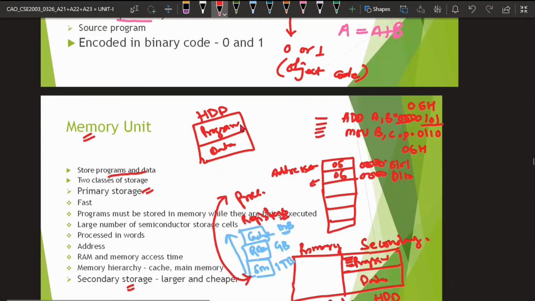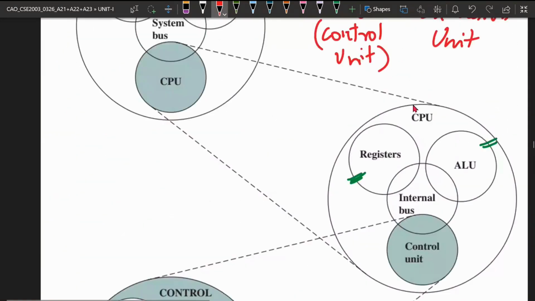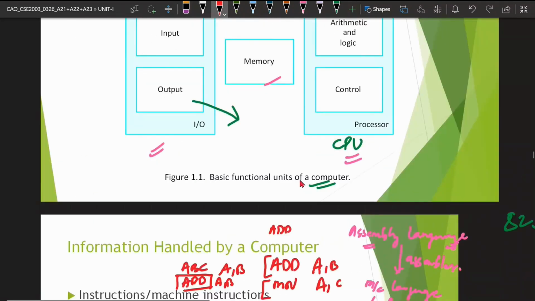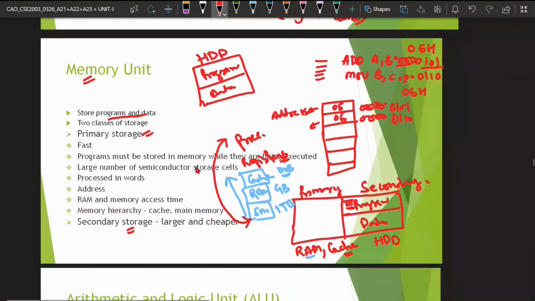In the CPU there are registers. These registers have much higher speed than the cache memory also. These registers are stored inside the processor, and they are temporary storage devices.